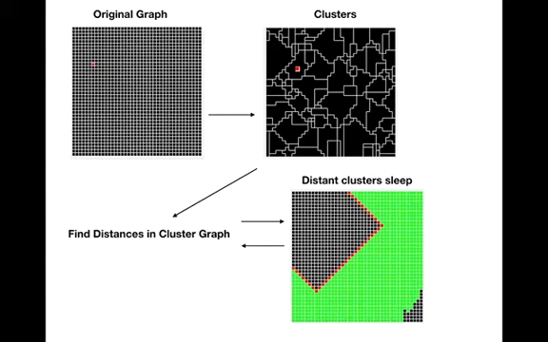You can wake up and try to get a better sense of how far you really are from the frontier, right? So that's what I'm showing here with these arrows back and forth. Namely, when you wake up, you can try to recompute your distance in the cluster graph locally, and therefore get a better estimate on how far you really are from the frontier. And if you get a better estimate, then you can go back to sleep and sleep until that better estimate time rolls around.